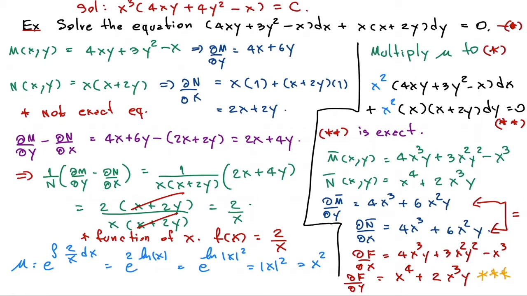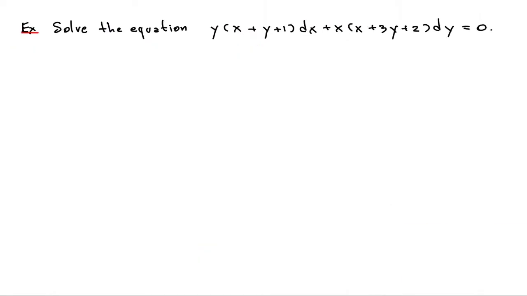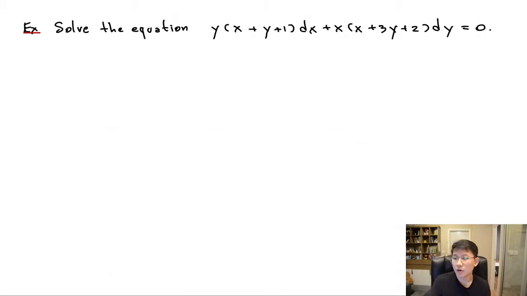Okay, I'll go to the next question, which is this one. This question is the same, guys. First, we need to look at M(x,y). I just call it M to make it shorter.